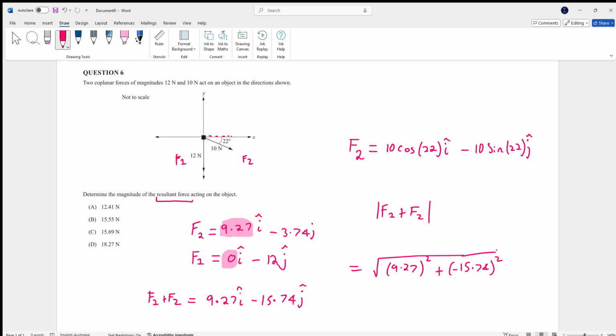Here this gives us around 18.266. So we can round that to 18.27 roughly, and D is our correct answer.